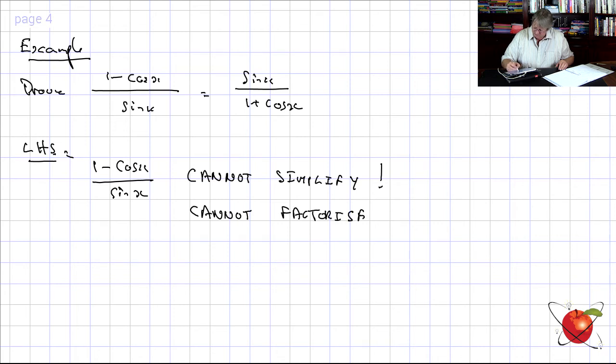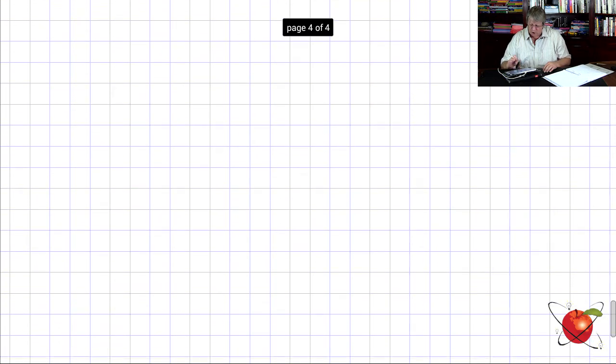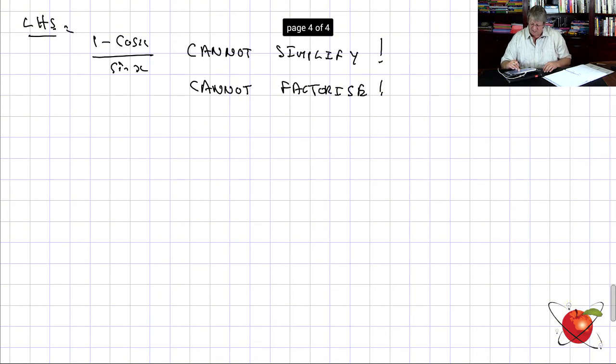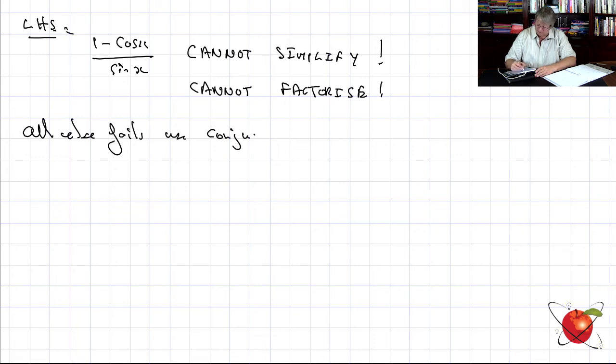Oh dear. What now? Well, in our little recipe book, we've got something called the conjugate. So if all else fails, use the conjugate. What is it?